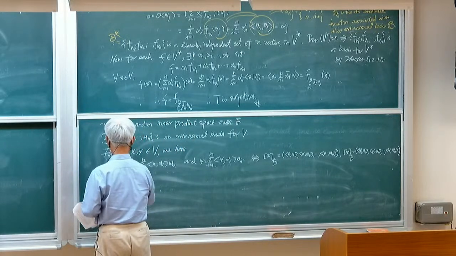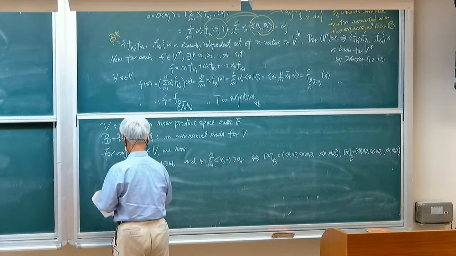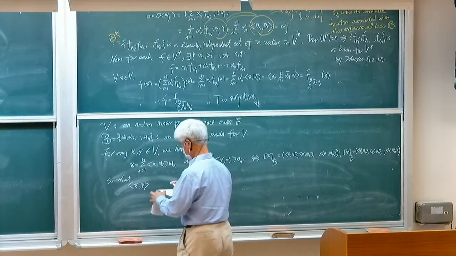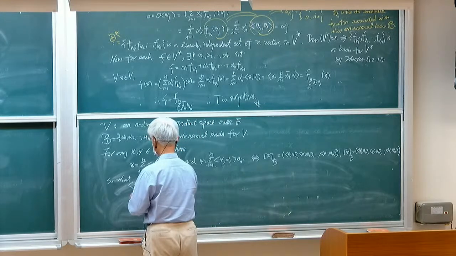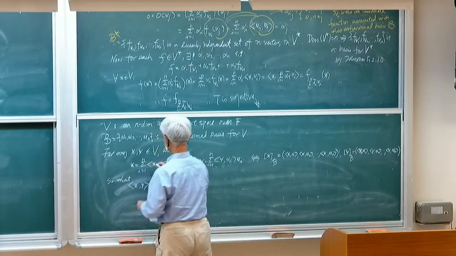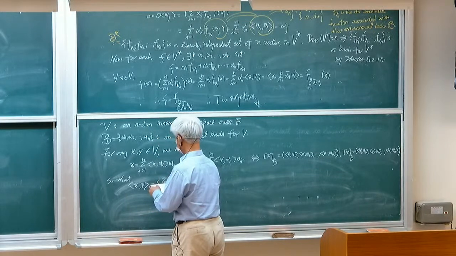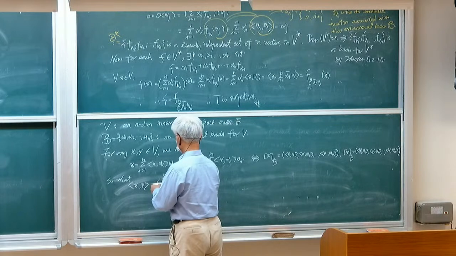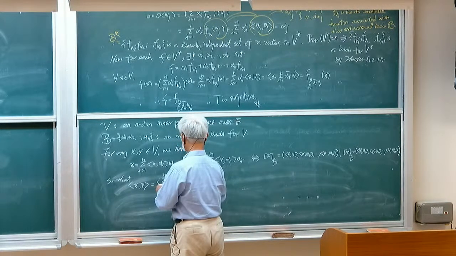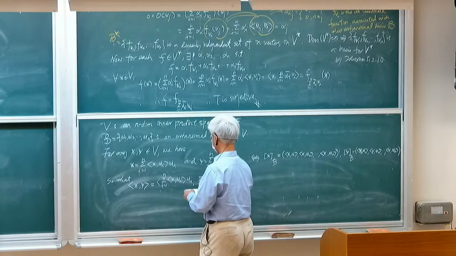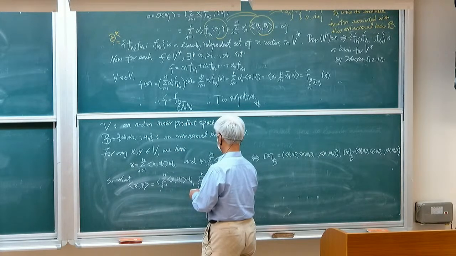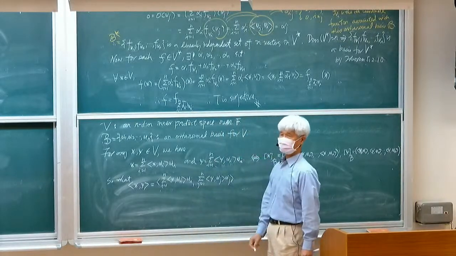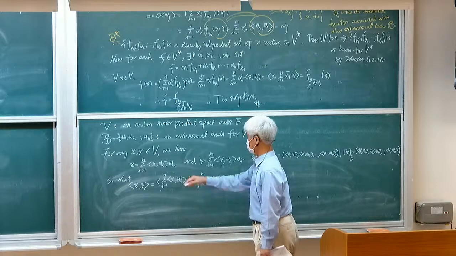And so when we want to take the inner product of x and y in V, we can just write down the summation, i from 1 to n, of x_i u_i, and j from 1 to n, of y_j u_j, and then you expand.